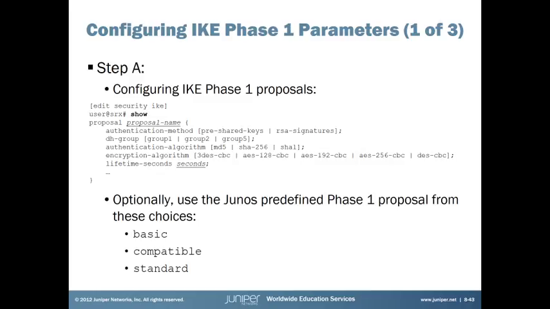We're going to set up an encryption algorithm, which could be 3DES CBC, AES 128 CBC, AES 192 CBC, AES 256 CBC, or DES CBC. Those are our choices. Now, the main point is that you choose about the same thing at both ends. And we're going to set up the lifetime.